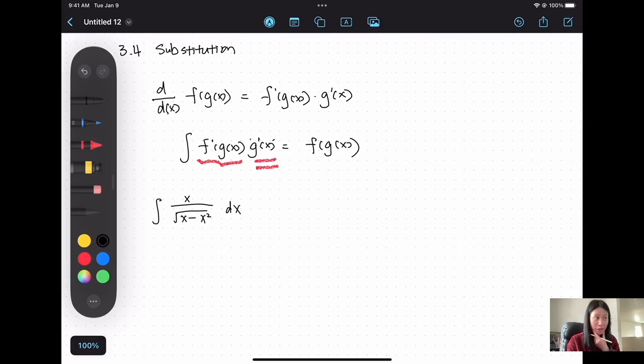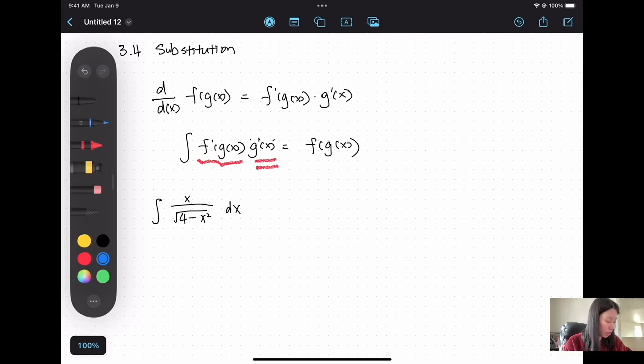Whatever u is going to be our g of x. So you can let x equal u or, oh sorry, I wrote this wrong, it should be 4 minus x squared. Or you can let 4 minus x squared equal u. So I think usually you will let the one that looks like a function be equal to u.